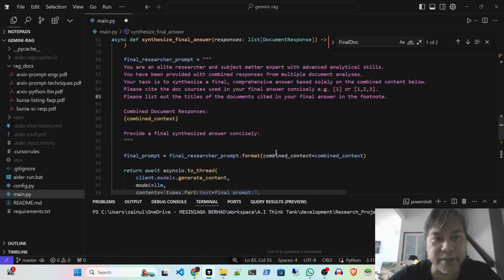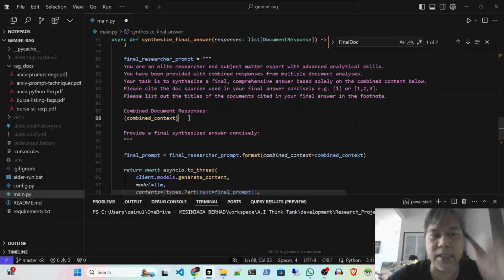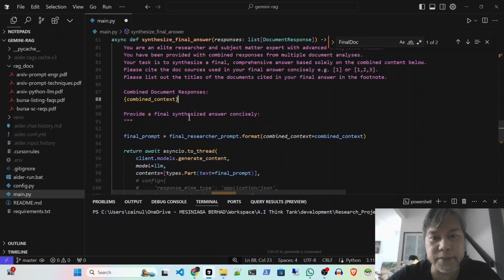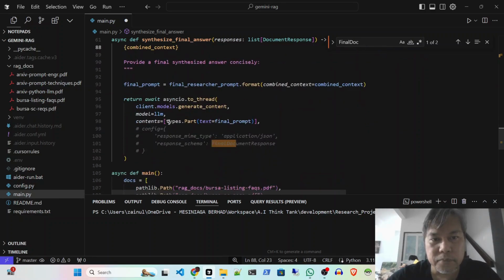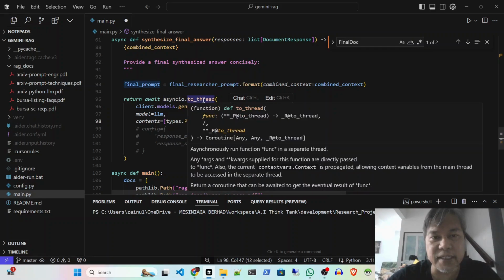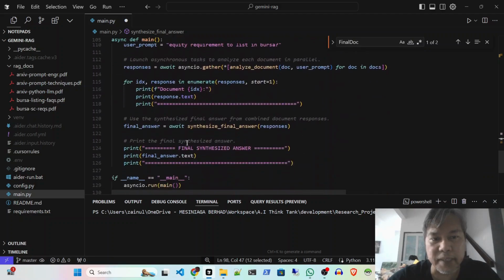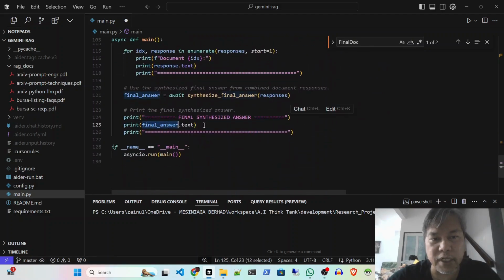So that's the idea. We're going to include the two answers, and then return the final synthesis of the answer back to the main program, and we're just going to print it.